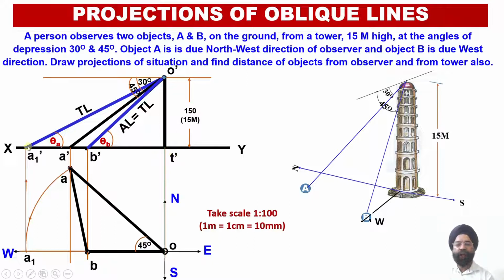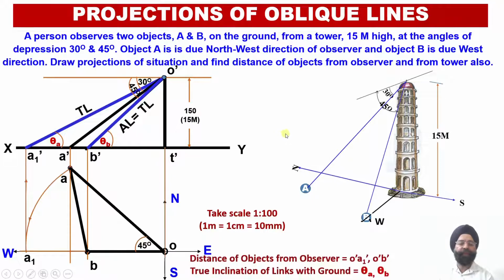So the distance of object A from the tower will be A1 dash T dash, whereas the distance of the object B from the tower will be B dash T dash. So A1 dash T dash is the distance of the object A from the tower, whereas B dash T dash is the distance of the object B from the tower.